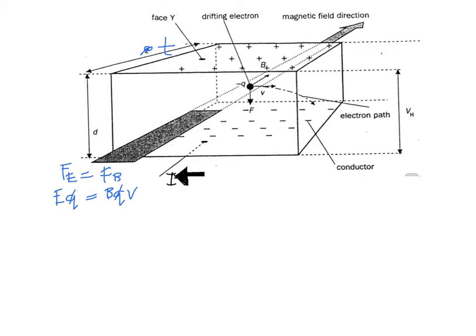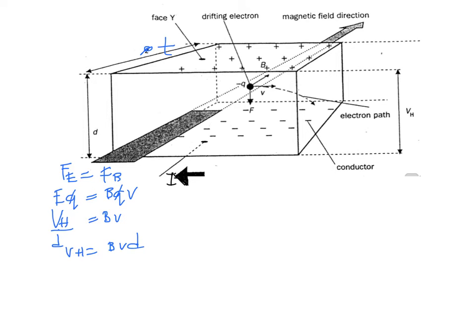So the field strength is given by the Hall voltage VH divided by the separation D between the two sides, which equals BV. So VH equals BVD. Be careful that you don't cancel off the VH and this V, because this is voltage and this is speed. They are not the same V, so you cannot cancel.